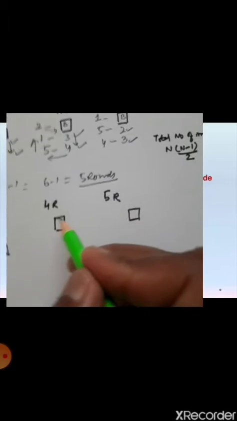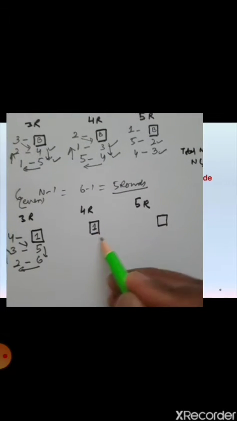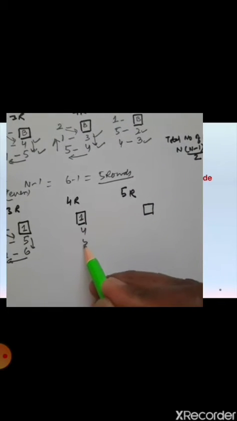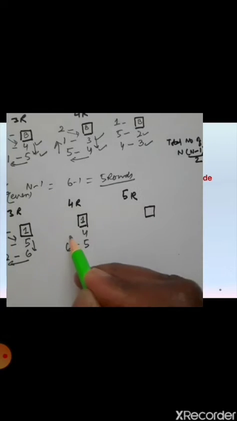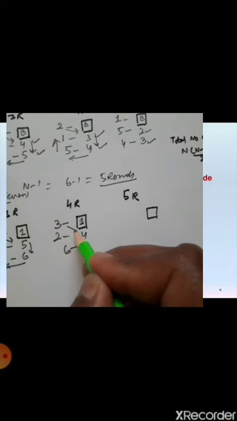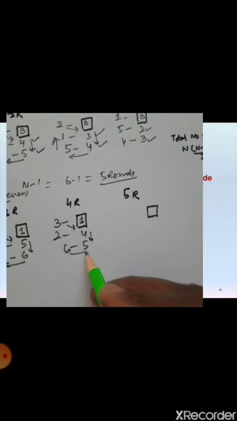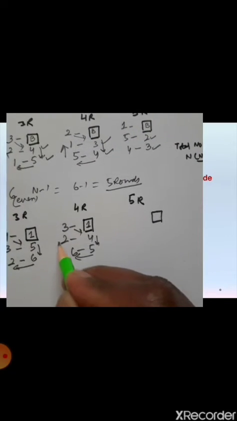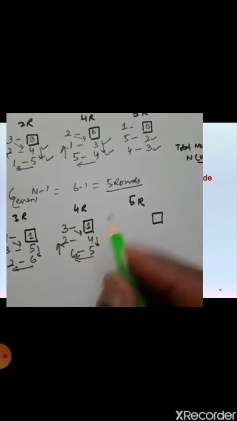Now fourth round, team number 1 is fixed here, 4 brought down, then 5, then 6 and 2 and 3 here. Now again this team will move in a clockwise direction in front of team number 1.